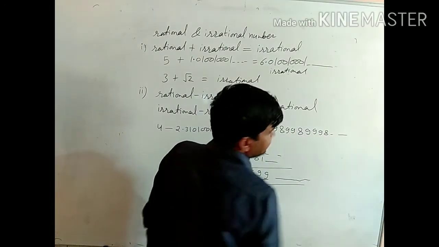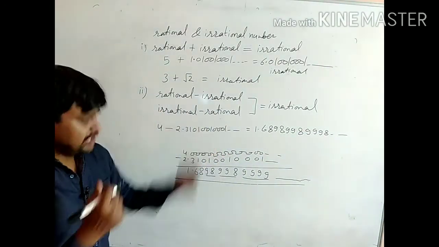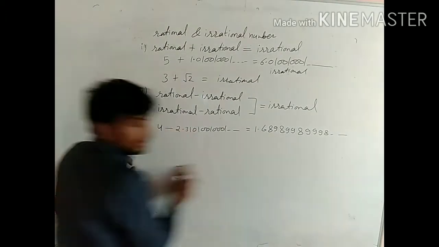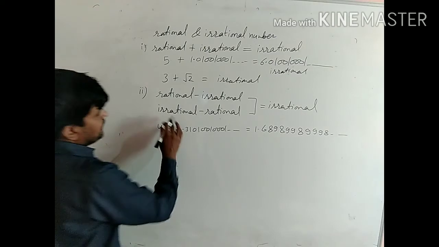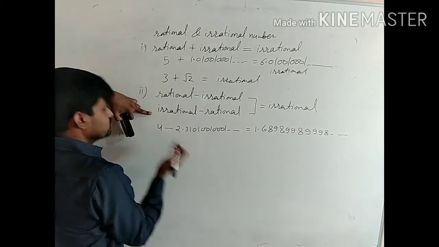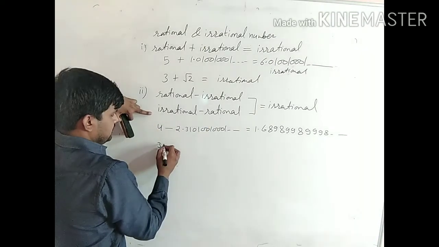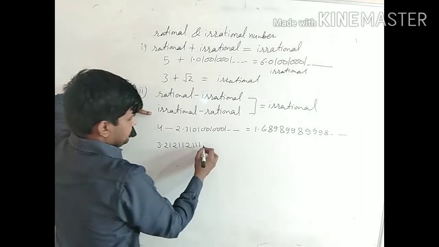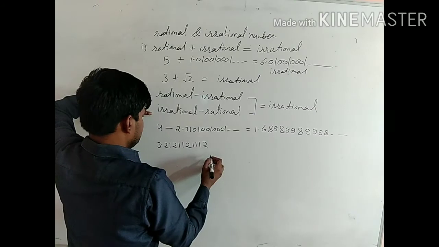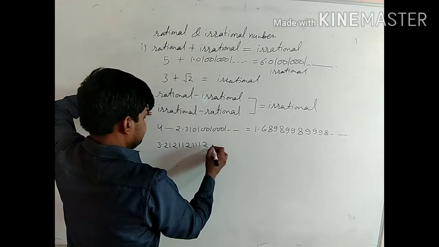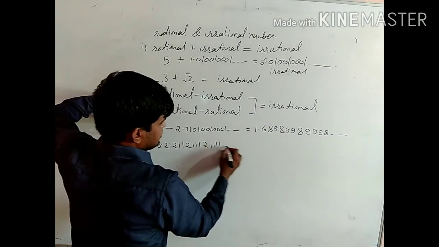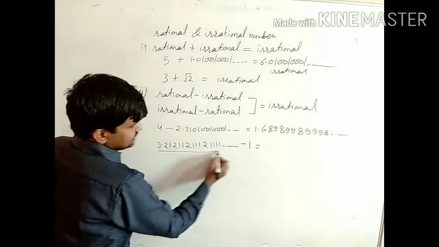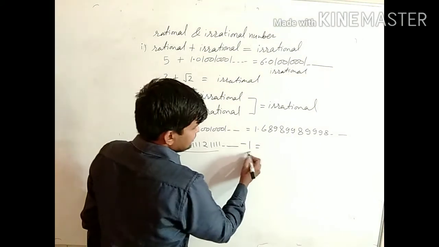The result is 1.6898998998 and so on. Similarly we get a pattern, so this is irrational. Now look at this example, irrational minus rational. Suppose 3.2112112112 and so on, with the number of 1s increasing, minus 1. This is irrational and this is rational.